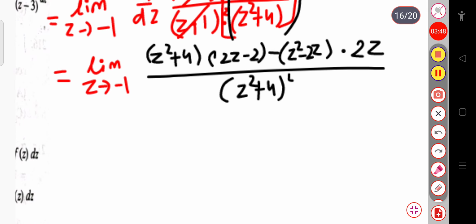After calculating the derivative, simply you have to substitute the value z equal to minus 1. Putting z as minus 1, minus 1 square is 1, plus 4 is 5, into 2 into minus 1 is minus 2, minus 4.